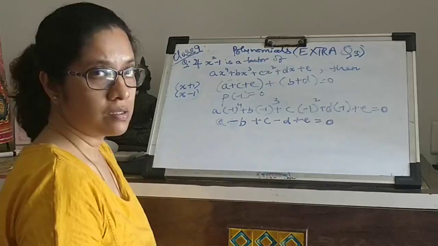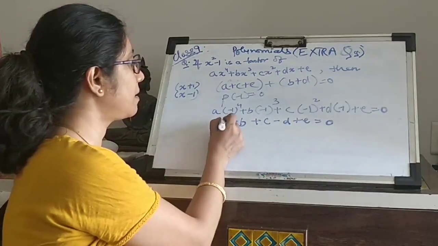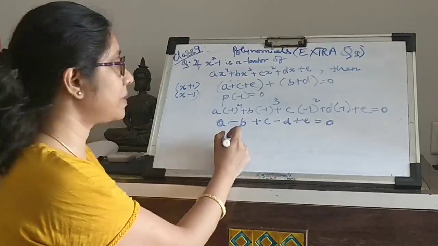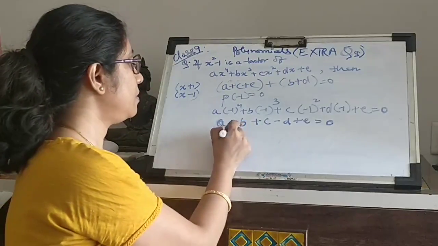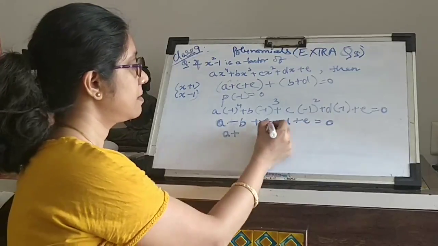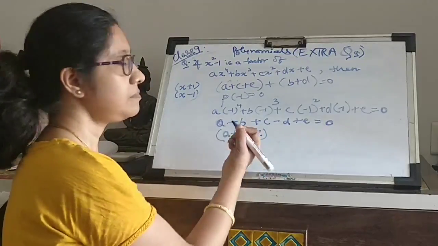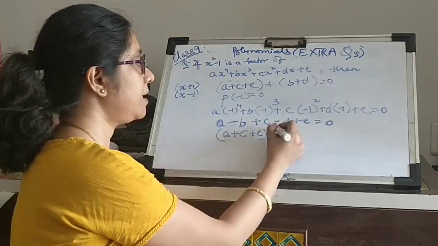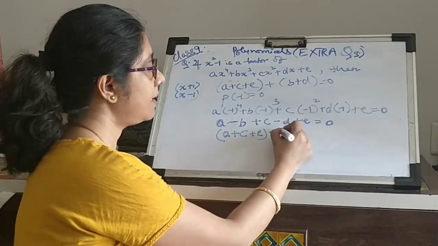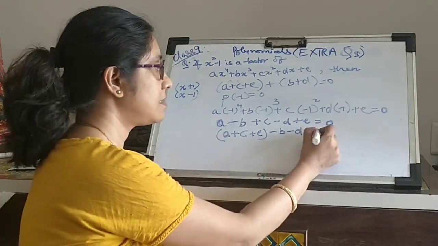Okay? So what do I do? I simply regroup again. So A plus C plus E, and B and D go together, minus B minus D is 0.